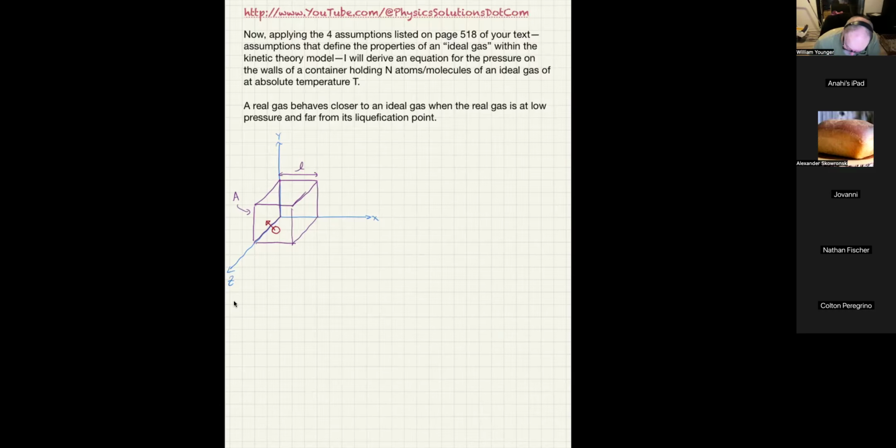Now, what's going to happen is this molecule is going to move, bounce off this wall, and then elastically collide off of it and travel off in this direction with a new velocity. And again, what I'm saying is the component of velocity that's parallel to the x-axis is v sub x, and the component of the velocity here is v sub x as well, but it's pointing in the opposite direction. So I'll call it negative v sub x, and the mass is just plain m.